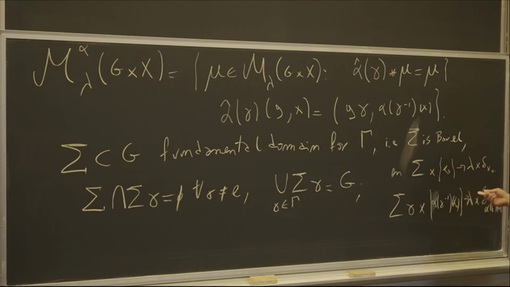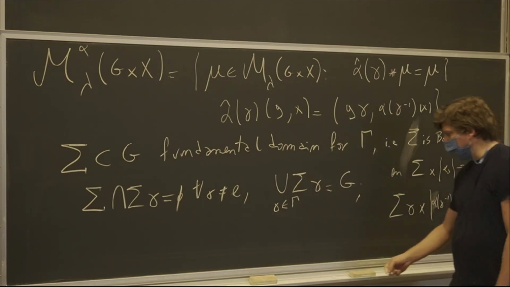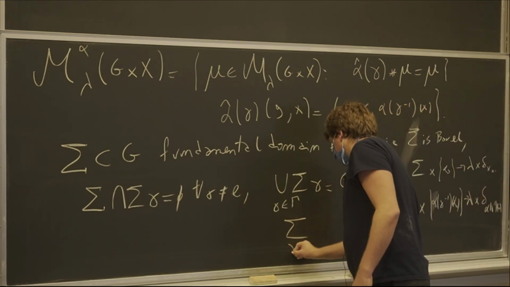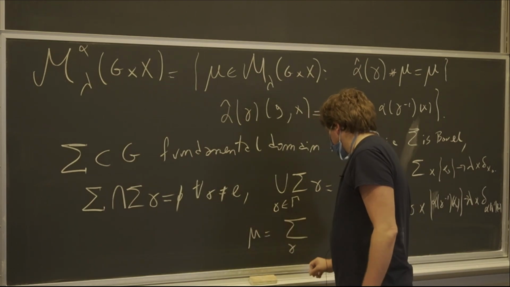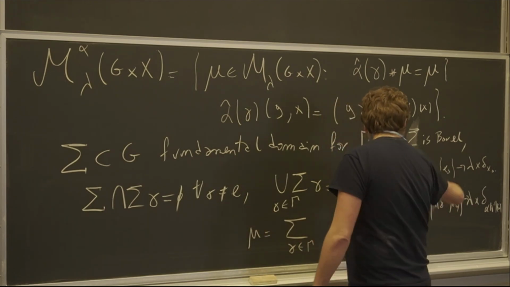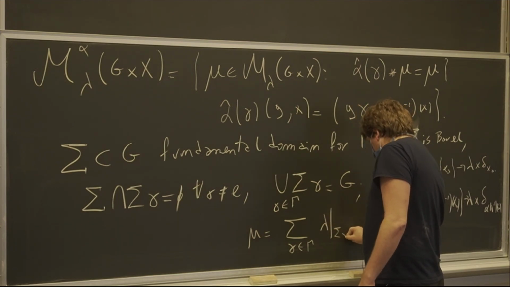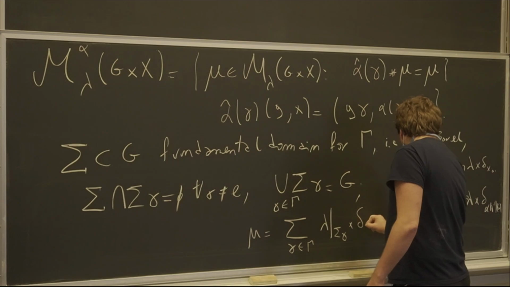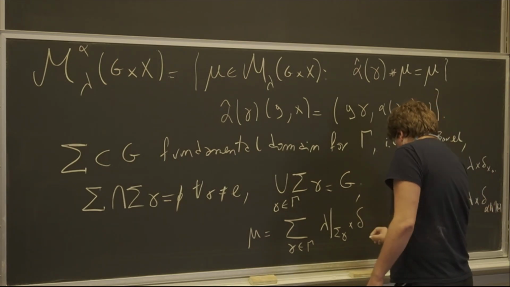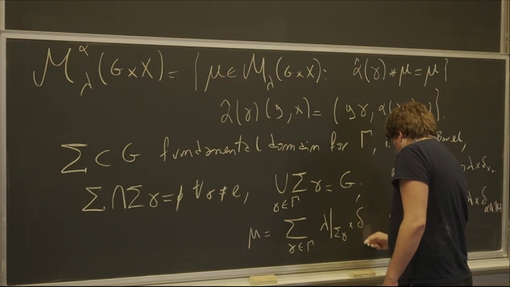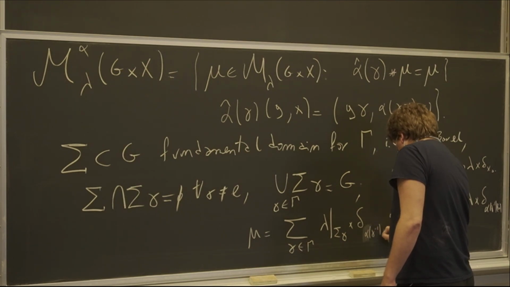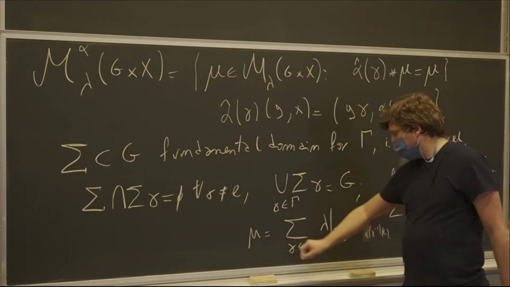So we put these measures, so it's actually sum, so mu with gamma in gamma of lambda restricted to sigma gamma times delta at alpha of gamma inverse of x naught.